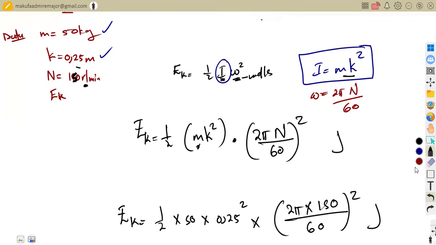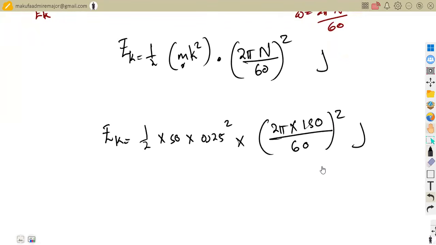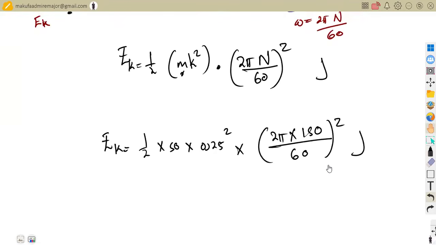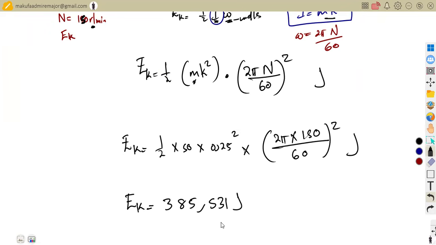This gives us the kinetic energy in joules. If we simplify this properly, we obtain our kinetic energy as 385,531 joules.